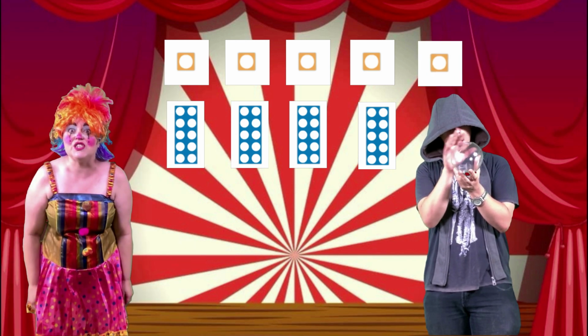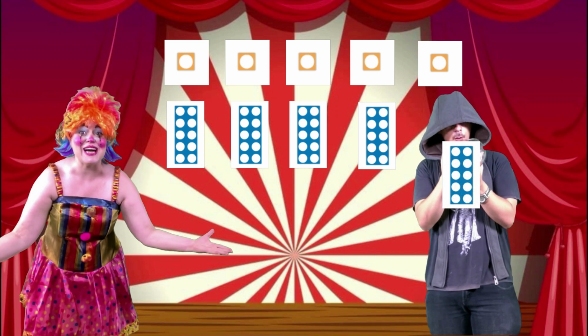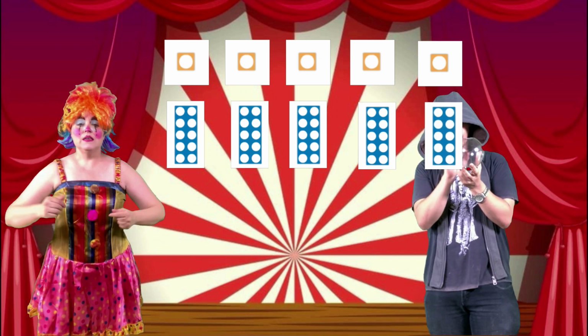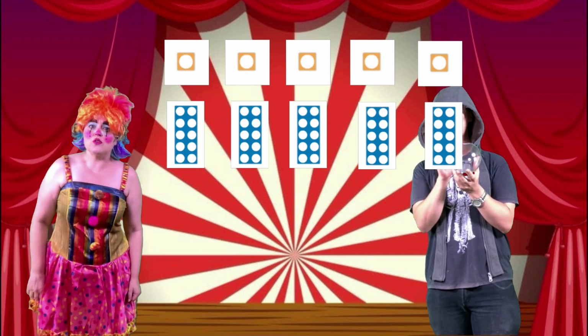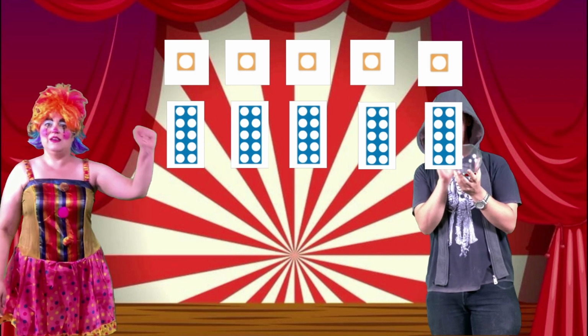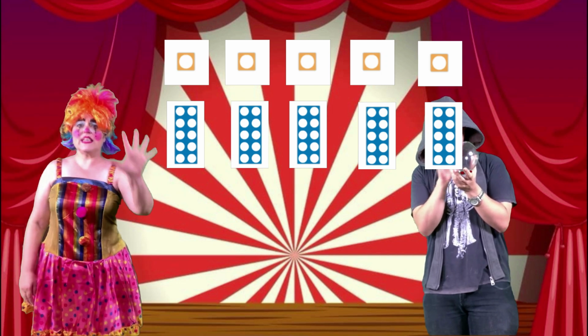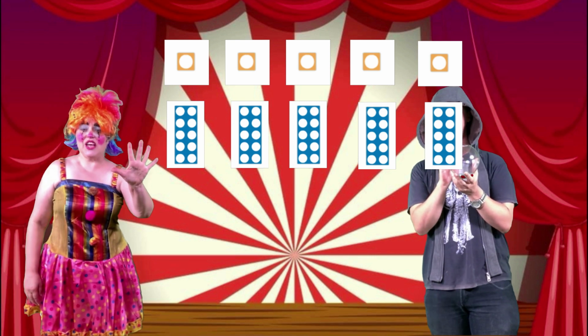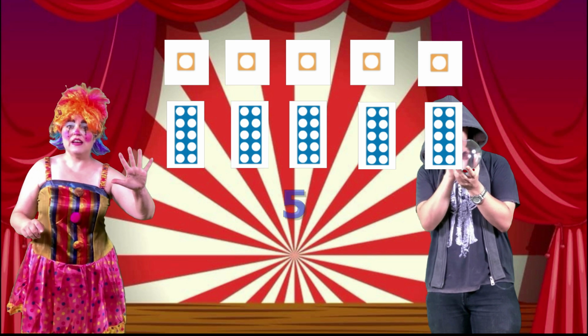Another Numicon 1 shape. And another Numicon 10 shape. So, now, how many Numicon 1 shapes do we have? We have 5. And how many holes in 5 Numicon 1 shapes? 5.